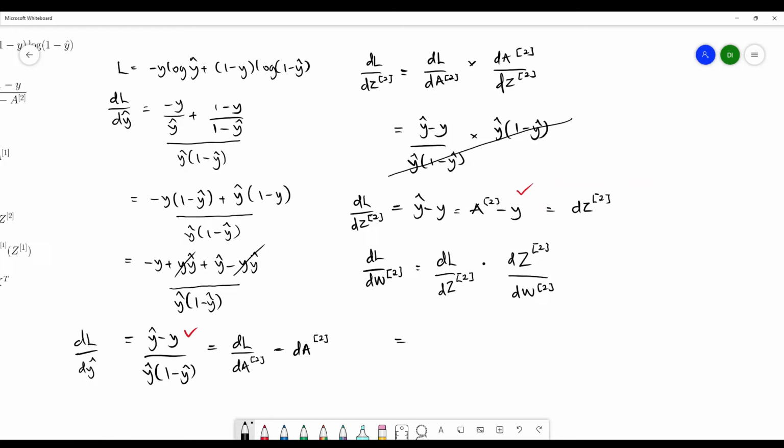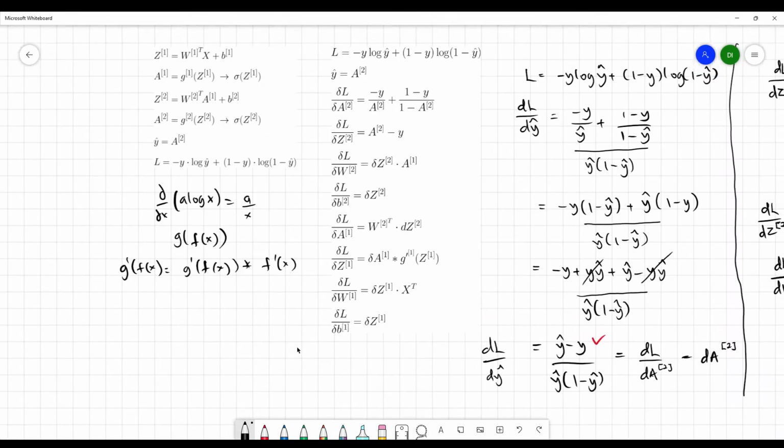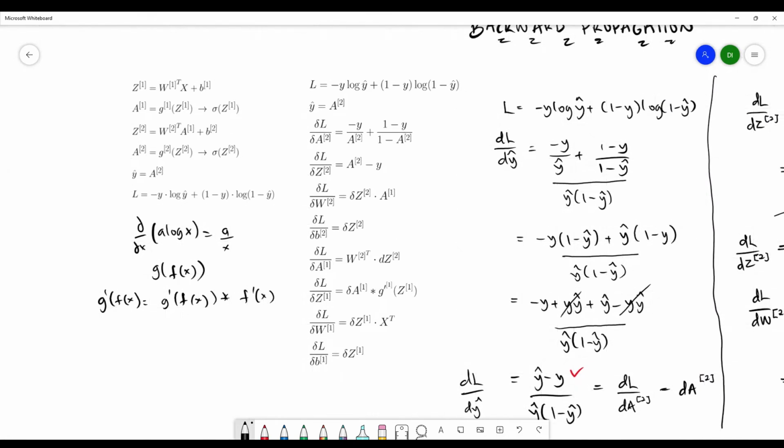So instead of writing dL/dZ2, we just write dZ2 multiplied by dZ2/dW2. If we look at the relationship between Z2 and W2, we see that the derivative would be A1.